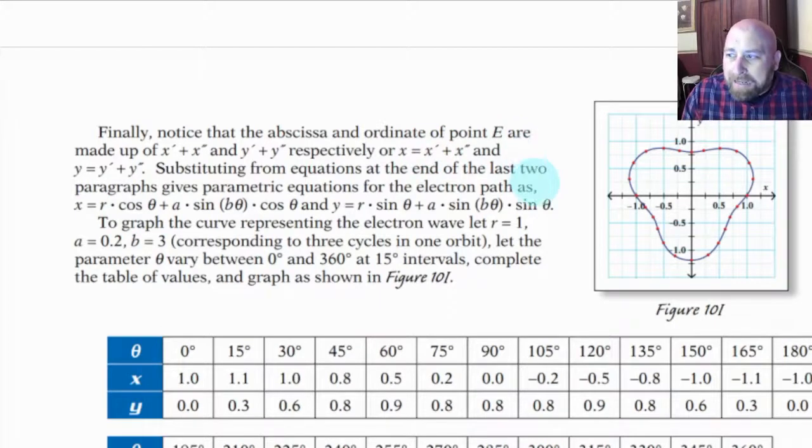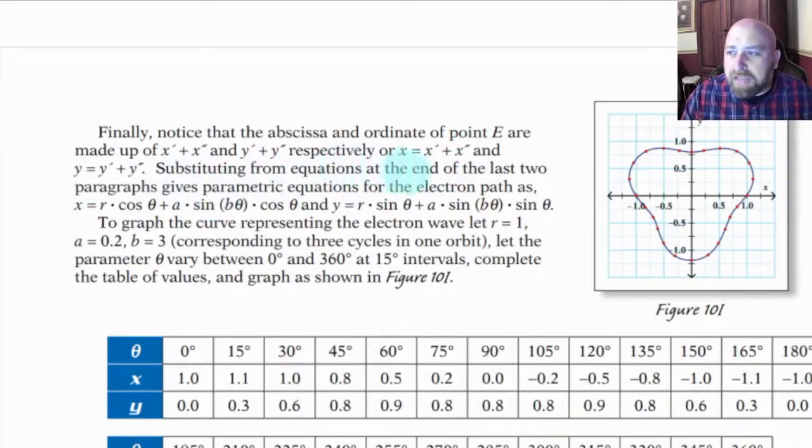Of point E are made up of the x prime plus the x double prime and the y prime plus the y double prime respectively, or x, that's the abscissa, equals x prime plus x double prime, and the same thing for the y points.